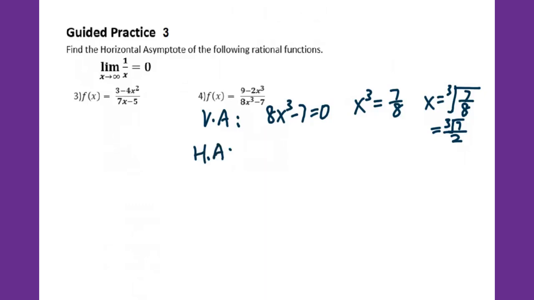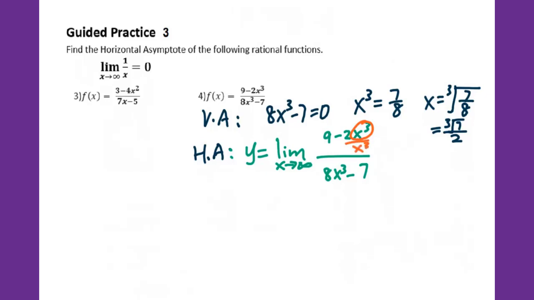For the horizontal asymptote line, you will use y equals the limit as x tends to infinity of 9 minus 2x to the third power over 8x to the third power minus 7. The highest exponent is x to the third power, so we divide every single term by x to the third power.